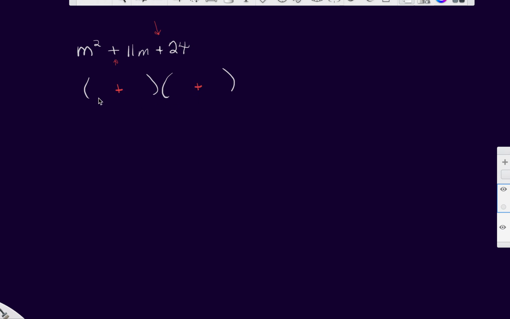So we've solved quite a bit of our work right there, because now we know it's m times m and plus and plus. Okay, now we need to find factors, numbers that multiply up to 24, but those same factors add up to 11.